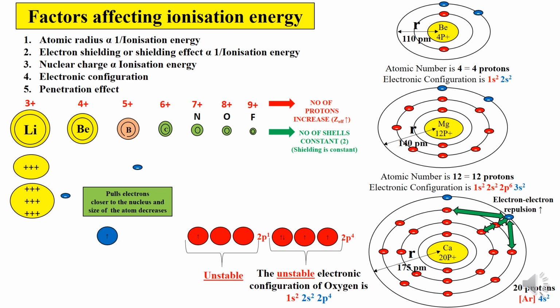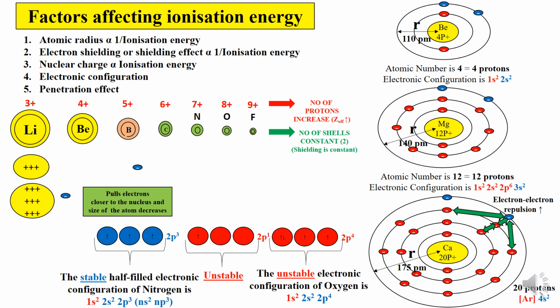So in case of beryllium, there is less shielding and therefore ionization energy will be more, because the electrostatic force of attraction will be more because of less shielding, and therefore more energy will be required. While in case of calcium atom, shielding is more, with more number of shells with core electrons, and as a result ionization energy decreases.